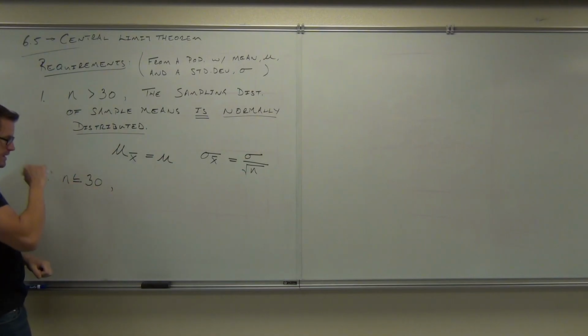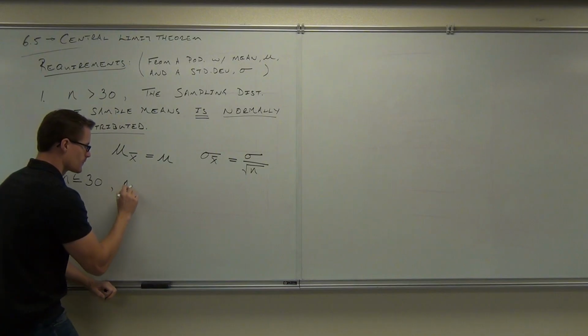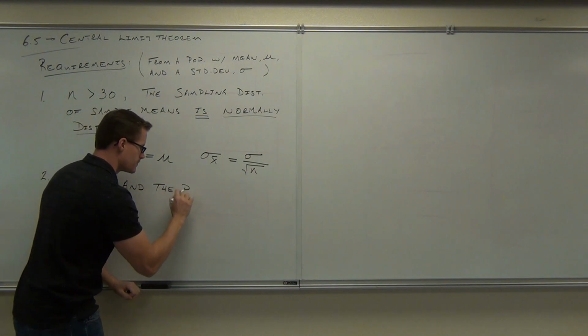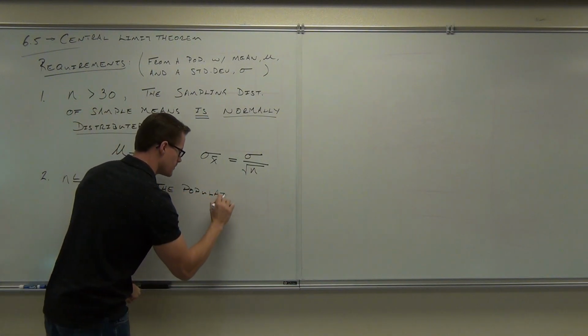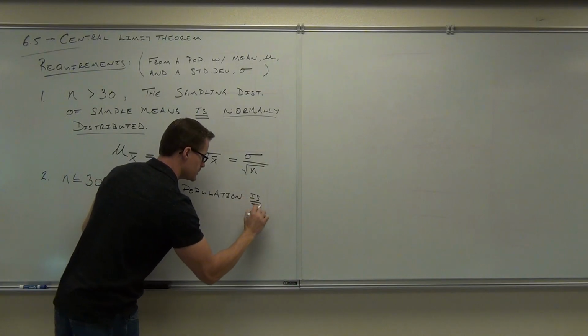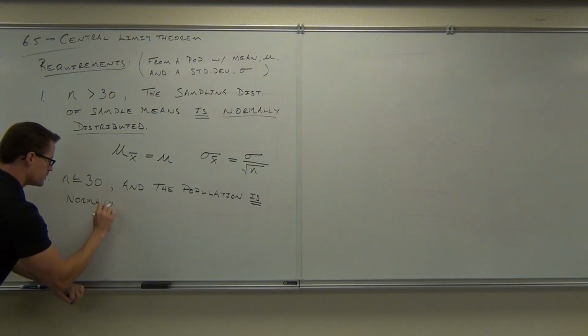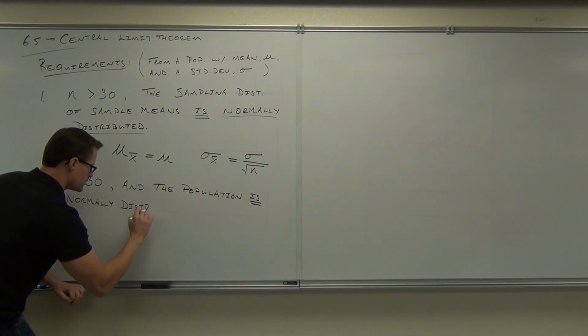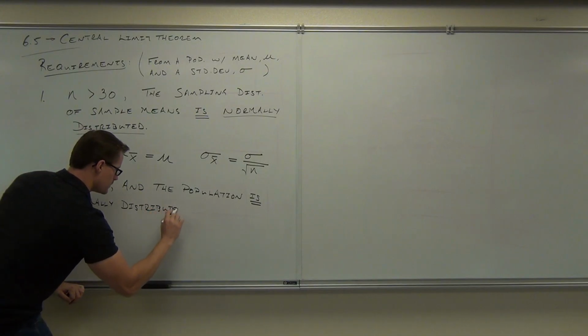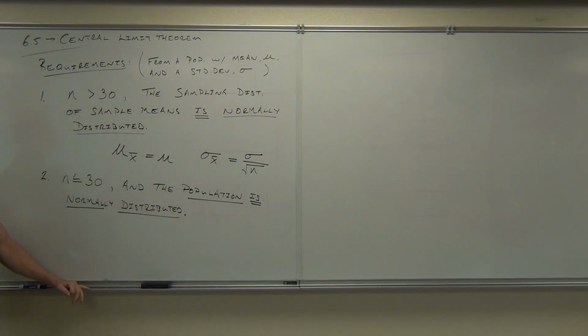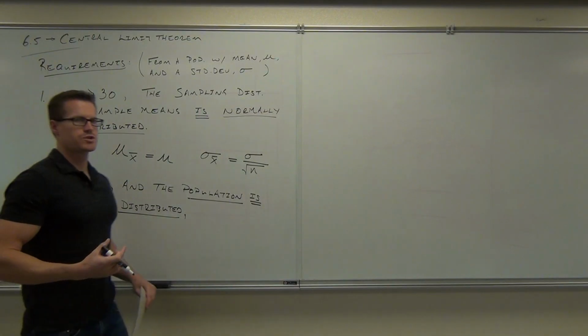So, if n is less than or equal to 30, and I tell you specifically the population is normally distributed, here's what's true.